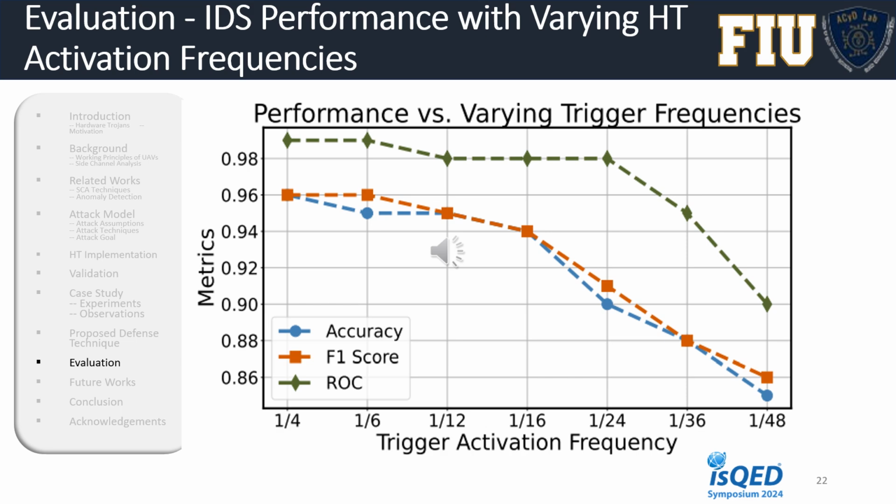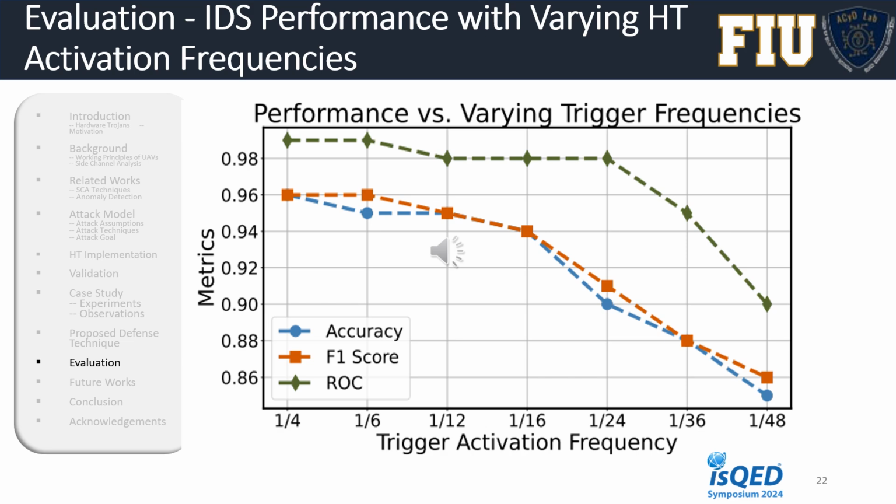As you can see, the less the hardware Trojan is being activated, we have a decrease in the accuracy, F1 score, and ROC. But even at 1/48th of a time in which it's activated, it's still within a pretty acceptable range.